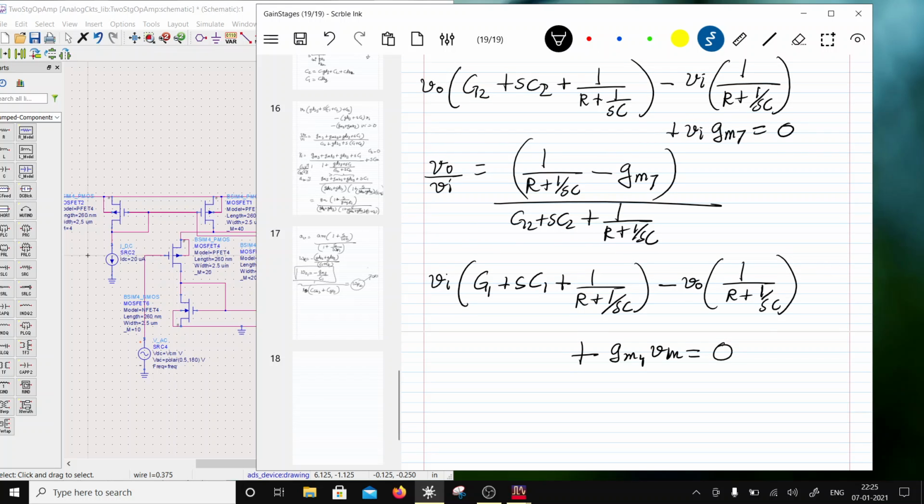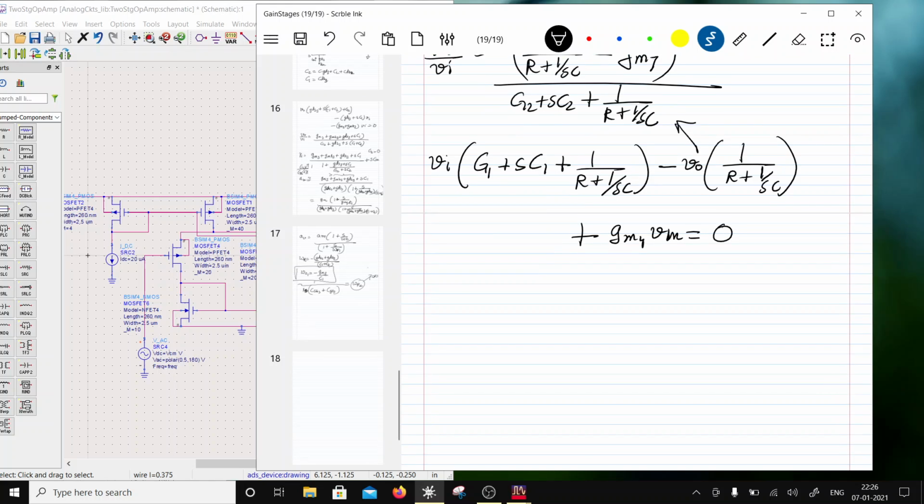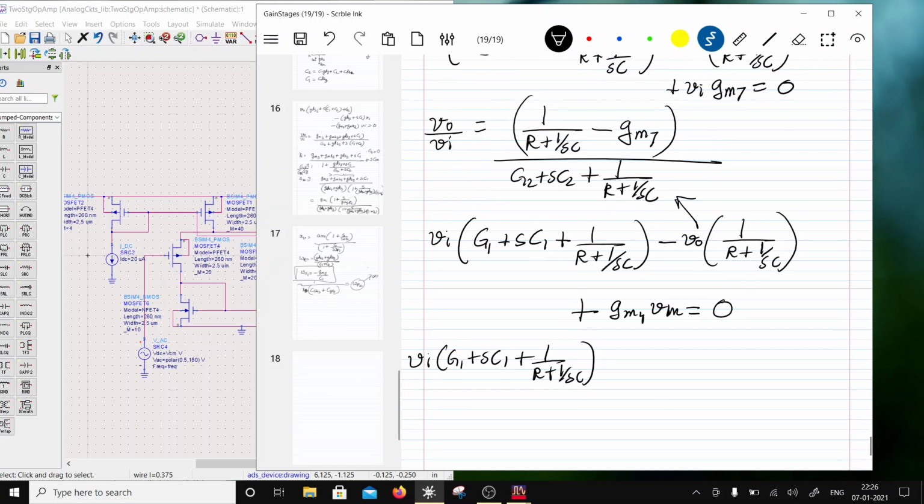So now I'll substitute VO from this equation. So I'm going to have VI times G1 plus SC1 plus 1 over R plus 1 over SC. Okay, this is there.